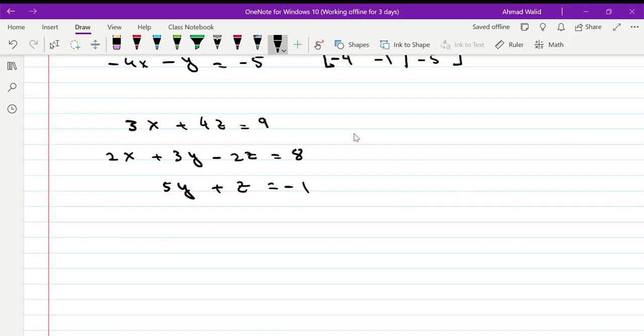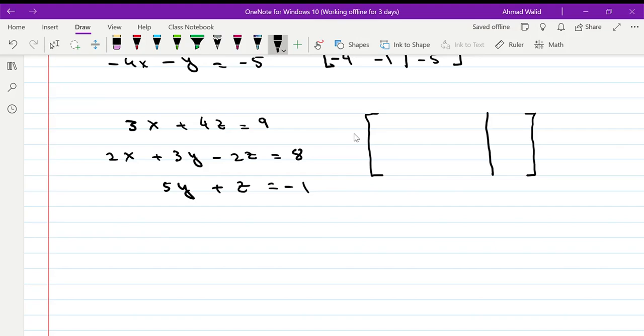Correct? How to write the augmented matrix for this system? Equation number 1. Look at equation number 1. This system is actually a system of linear equations in 3 variables.